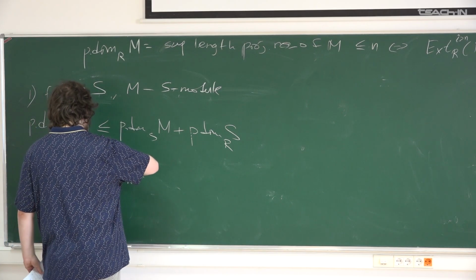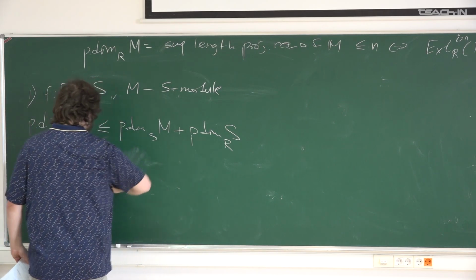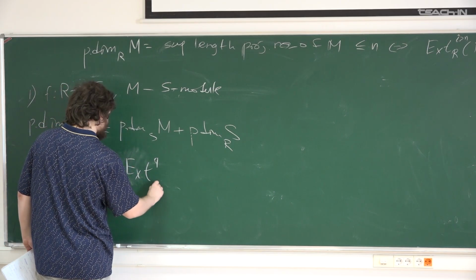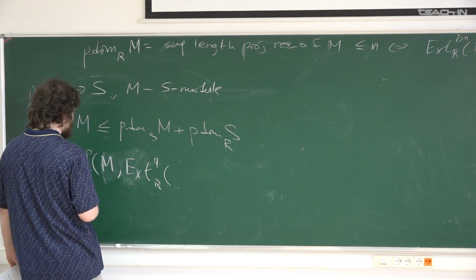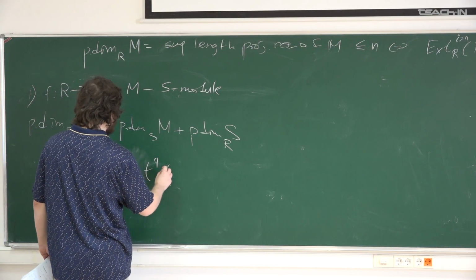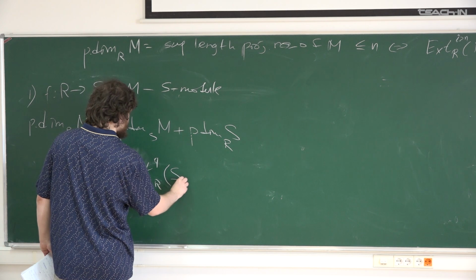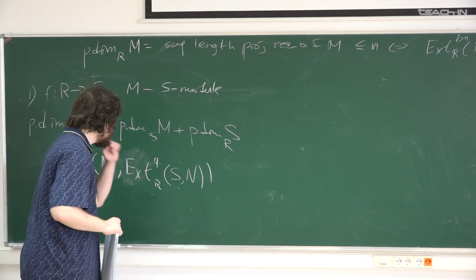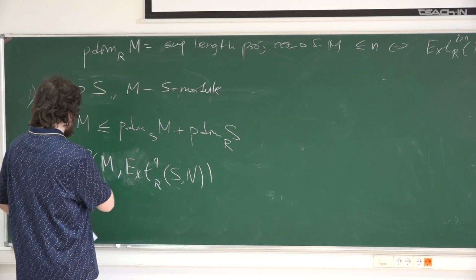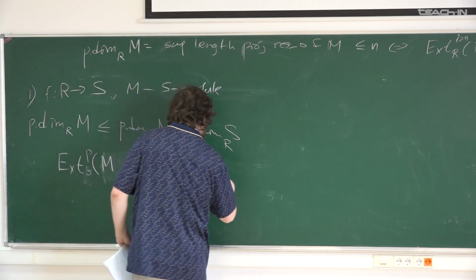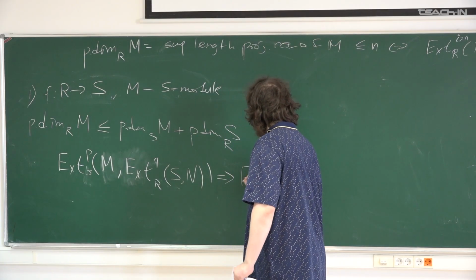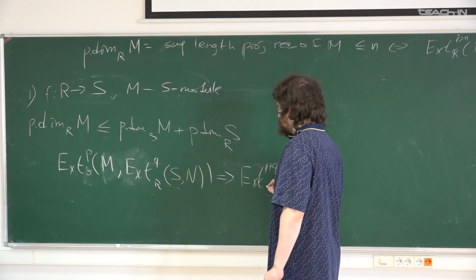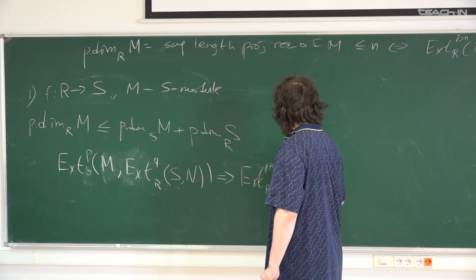No, maybe something like this: Ext^p_S(M, Ext^q_R(S, N)). For any R-module N and S-module M, we have a spectral sequence with this second page converging to Ext^{p+q}_R between M and N.